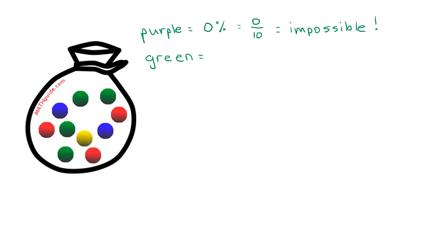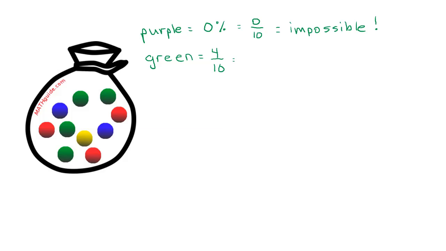Okay, so what are the odds of green? Well, let's count the green marbles. We know there's 10 in total, so the bottom of our fraction is going to stay as 10. And if you've counted them already, you would see there are 4 green ones. So 4 out of 10 is our theoretical probability for green. Now it's quite likely that if I reached into the bag and drew out 4 marbles, I wouldn't be drawing out 4 green ones at once.